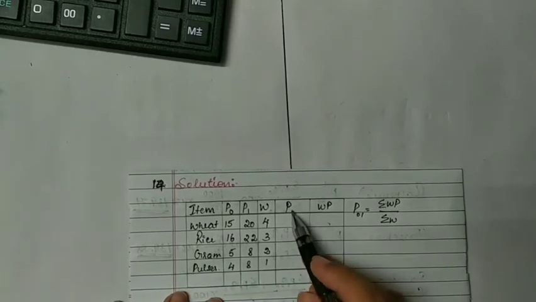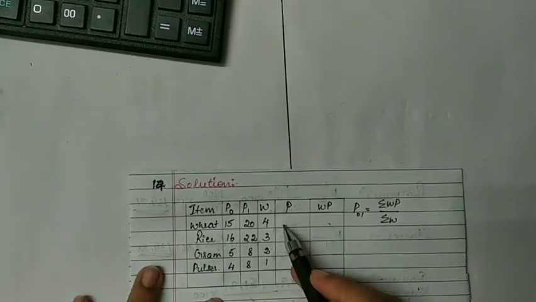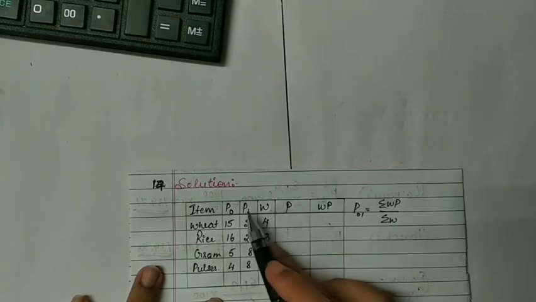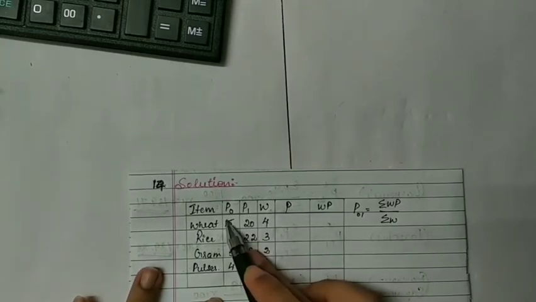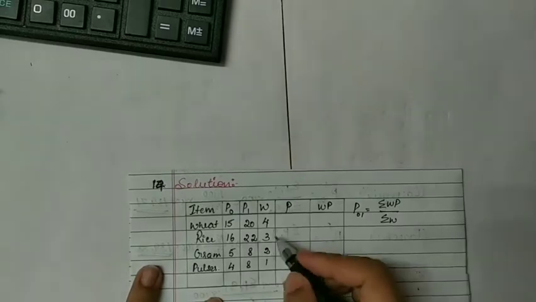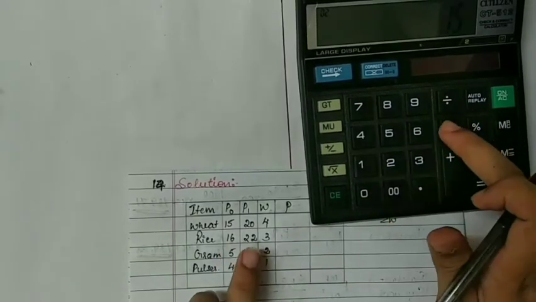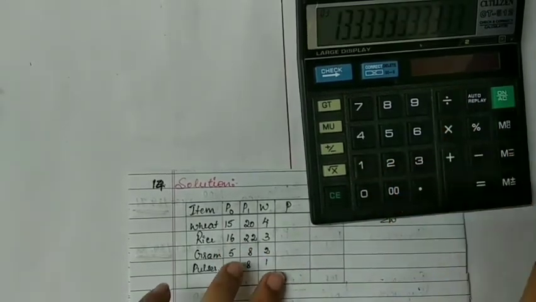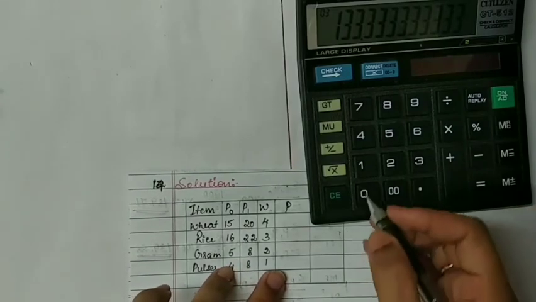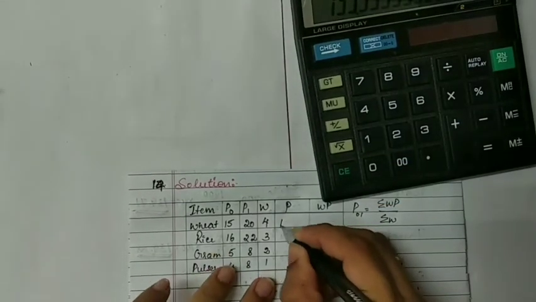The formula is summation WP divided by summation W. First calculate P, that is P1 divided by P0 into 100. P1 is 20 divided by P0 is 15 into 100, and it is 133.33.